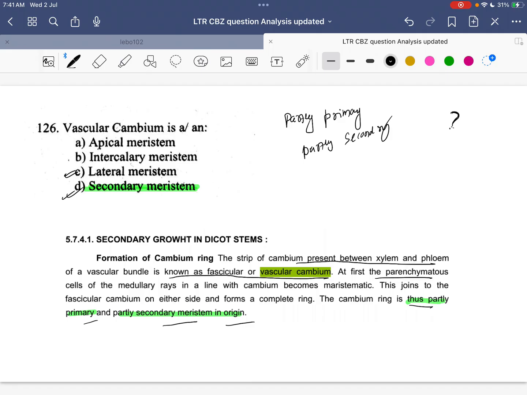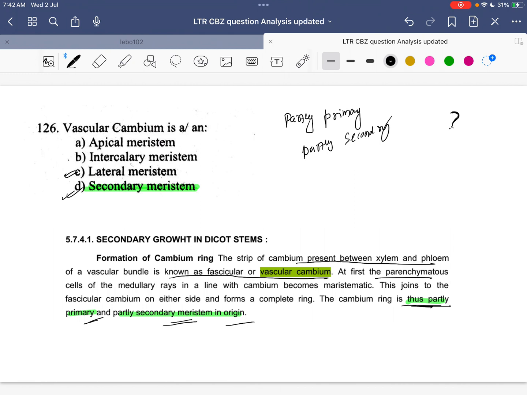At first the parenchyma cells of medullary rays in a line with the cambium become meristematic. This joins the fascicular cambium on either side to form a complete ring. The cambium ring thus is partly primary and partly secondary. The question is asking about vascular cambium.